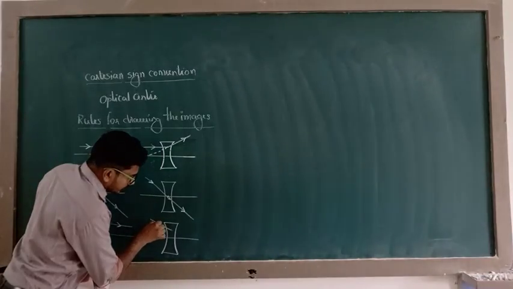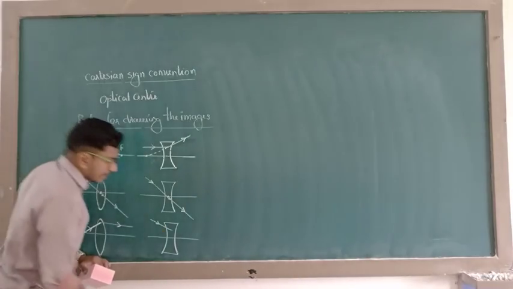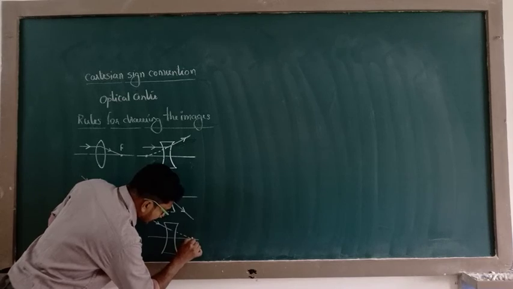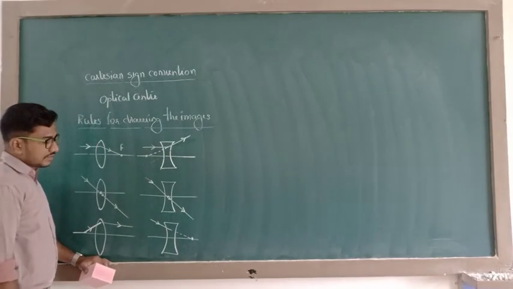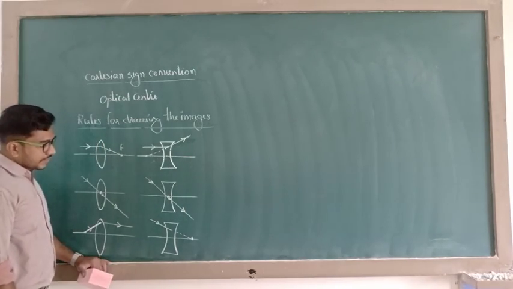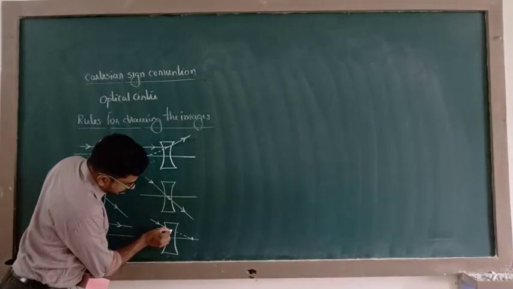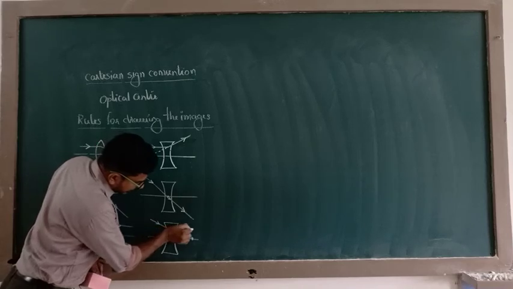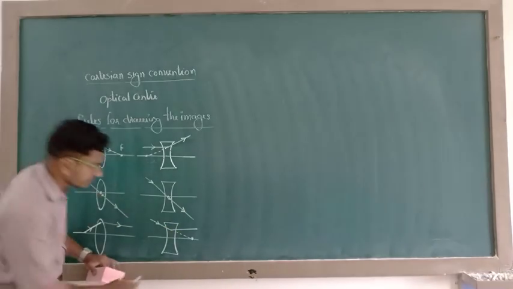Therefore, the incident light ray is directed towards the virtual principal focus. This is the virtual principal focus. Then after refraction, it produces a light ray parallel to the principal axis.